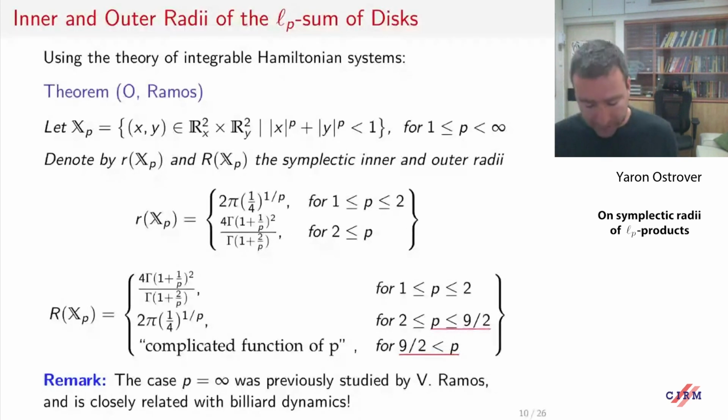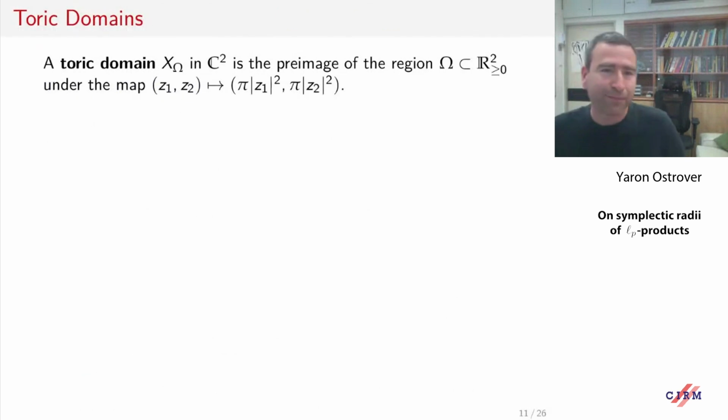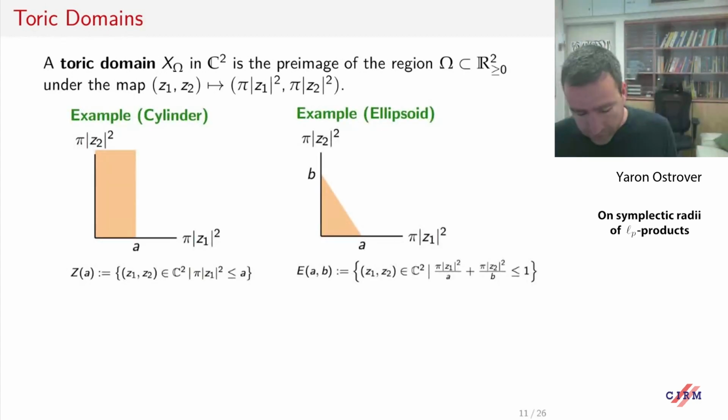So how did we get these formulas? Indeed, we use integrable Hamiltonian systems, so we use the language of toric domains. Let me remind you what a toric domain in C^2 is.